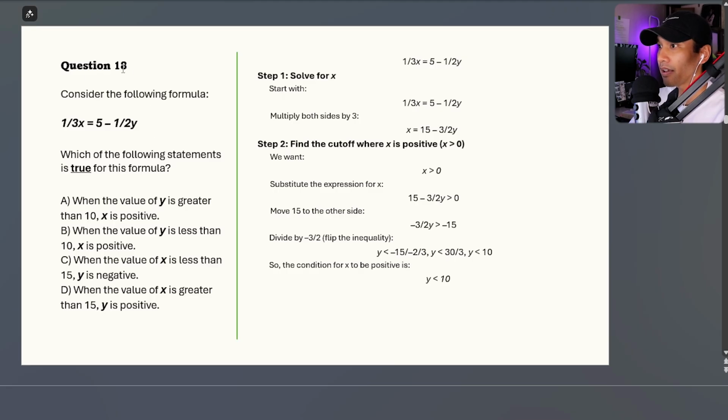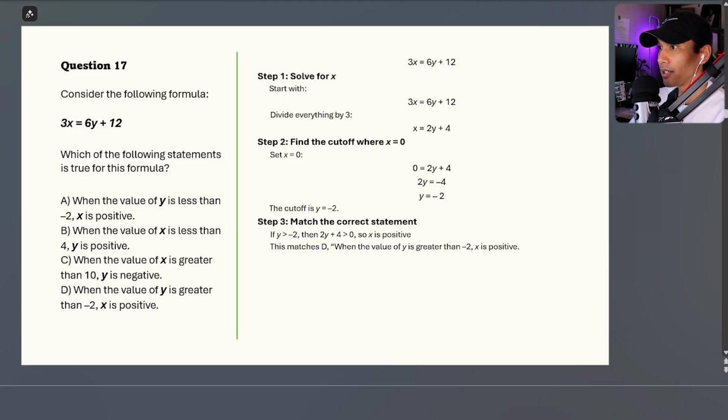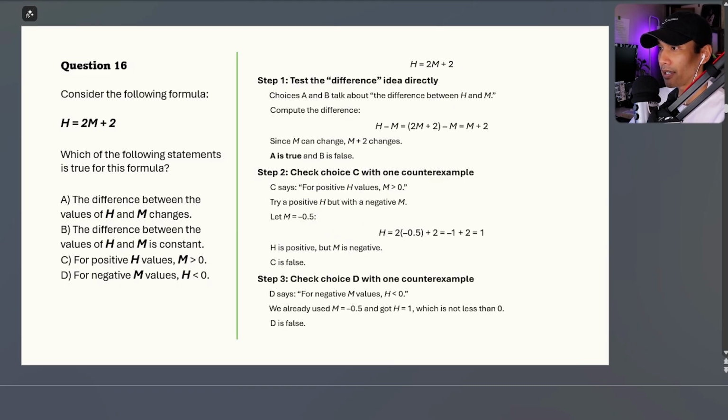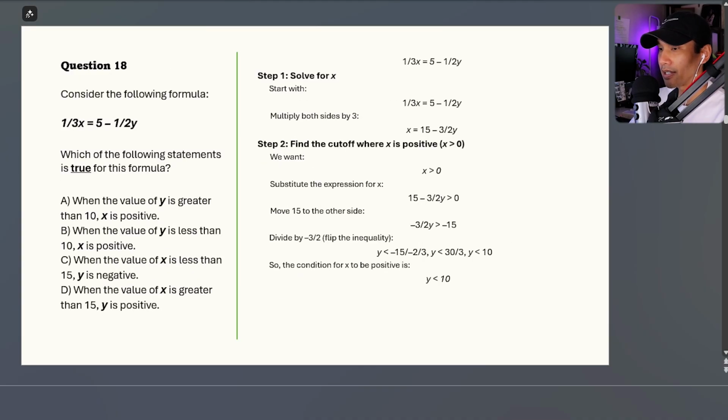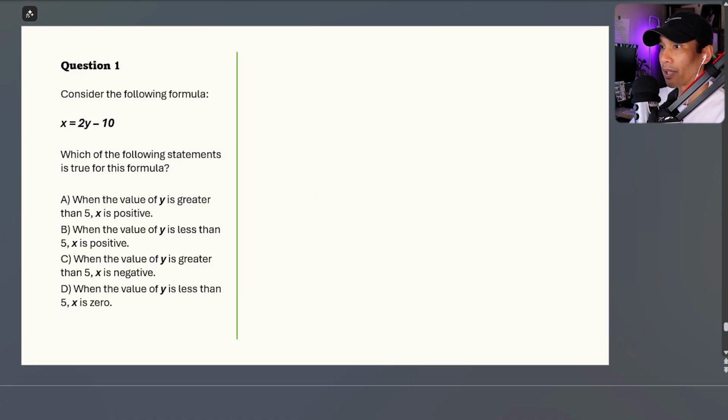Yeah, we have question 18, 17, 16. So not 16, but we got 17 and 18 over here. And there's probably a couple more. So go over those questions, figure those questions out, try your best to understand them before heading over here and doing the additional questions that I've made.